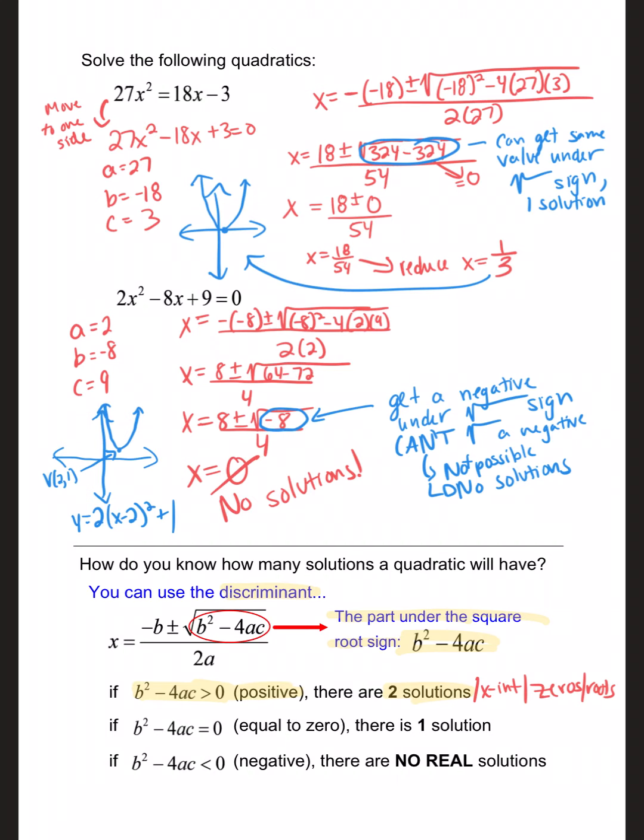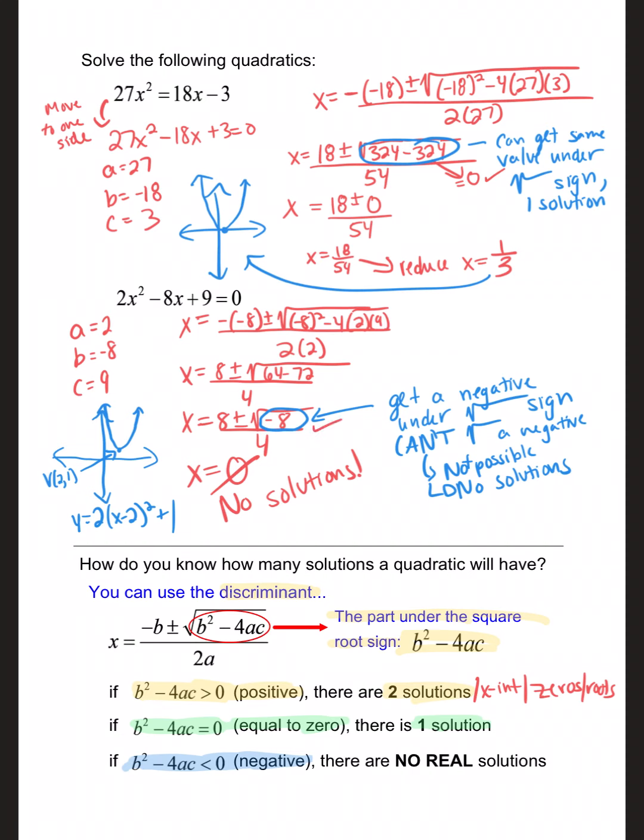Okay, the other 2 situations we saw were what happens if that piece under the square root is just equal to 0, which we saw up here, right? When it was equal to 0, that only resulted in us having 1 solution, or x-intercept, or zero. The last situation we saw was what happens when that piece under the square root, or my discriminant, is negative, like we saw right here.